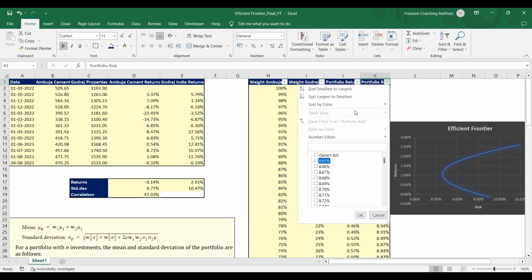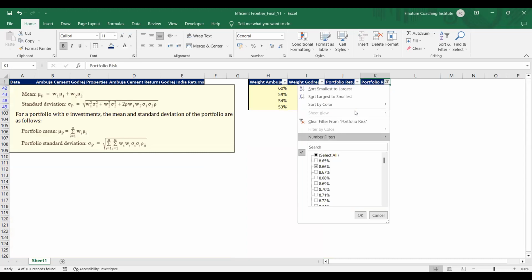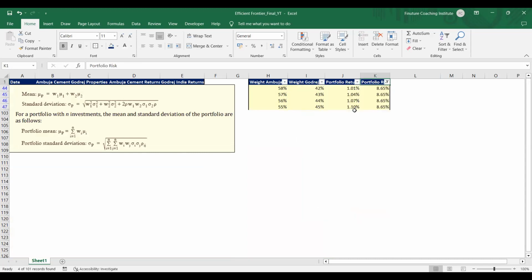Yeah, I think the filter was not correct. So at 8.66, there are many portfolios. At 8.65 there are also many, but with higher returns there would be only one. That's this one.